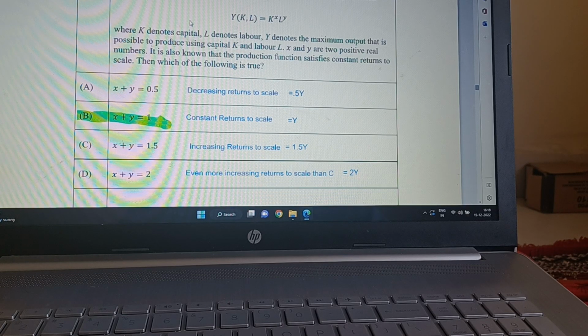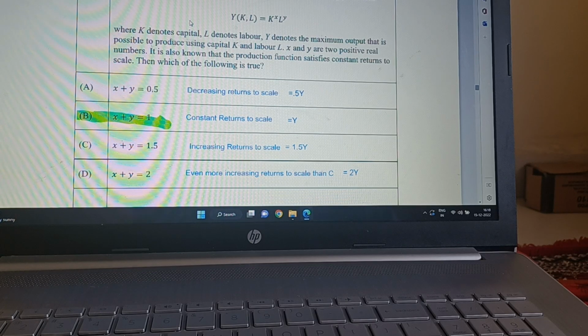So here the key is the production function satisfies constant returns to scale. So in this case, the exponents x and y, their sum equals 1. So a is x plus y is equal to 0.5. This one is less than 1.